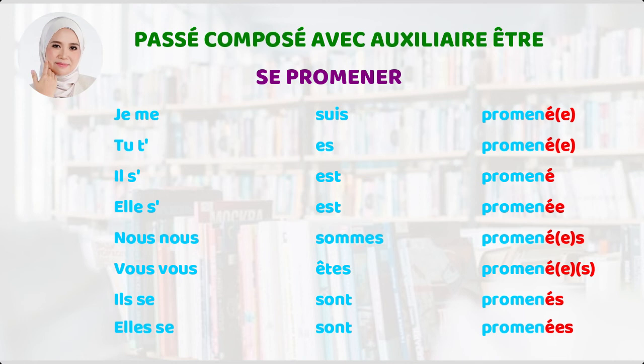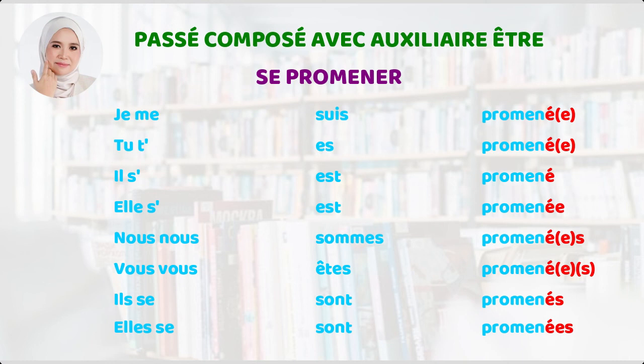Se promener: je me suis promené, tu t'es promené, il s'est promené, elle s'est promenée, nous nous sommes promenés, vous vous êtes promenés, ils se sont promenés, elles se sont promenées.